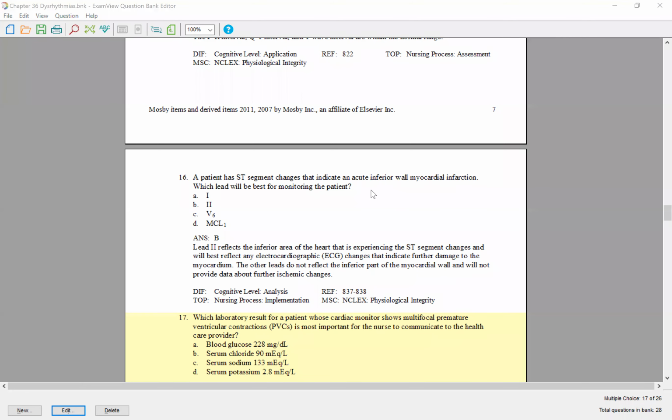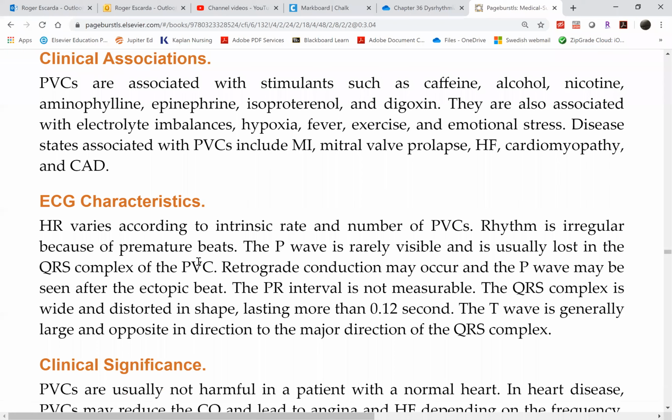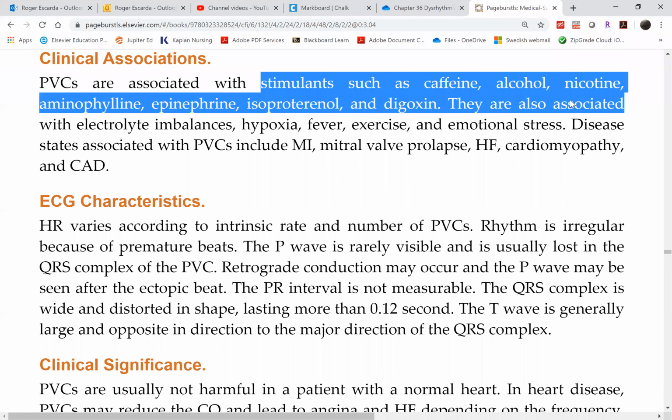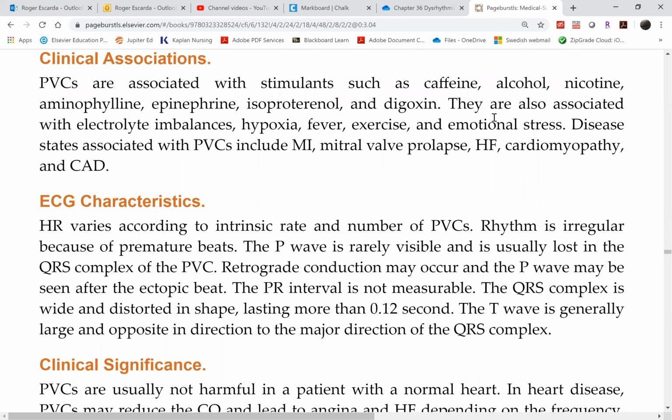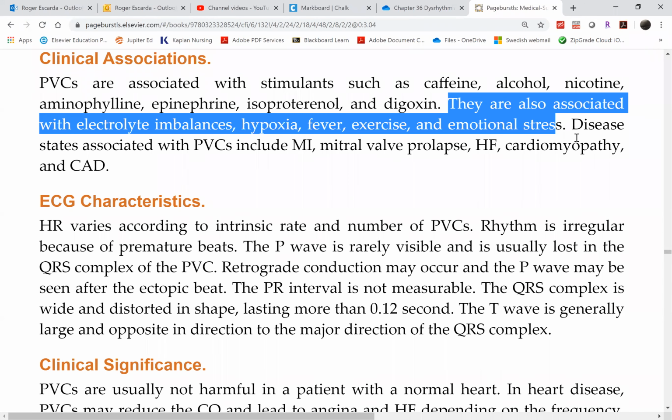So here on page 769 it tells you clinical associations for PVCs. They're associated with stimulants, coffee, smoking, and other medications. Others are exercise, emotional stress. Okay, so any of these, what if I put it in a select all that apply question?